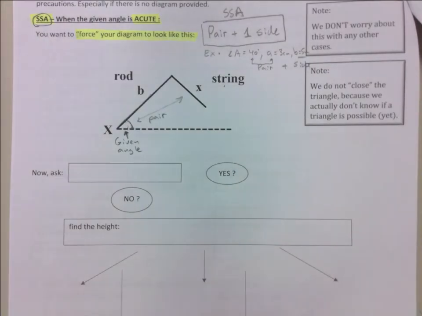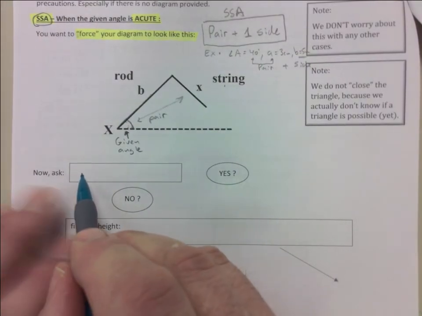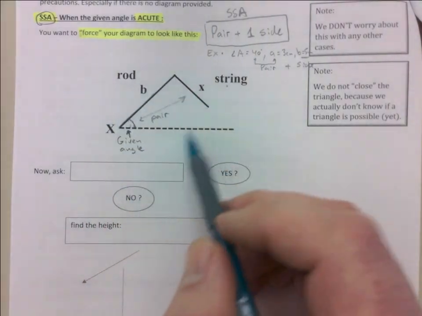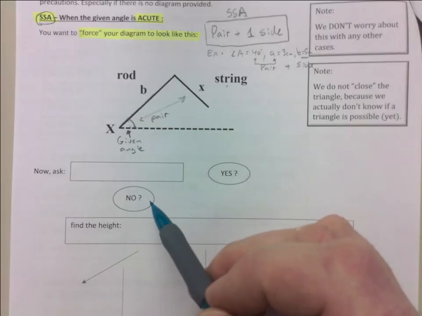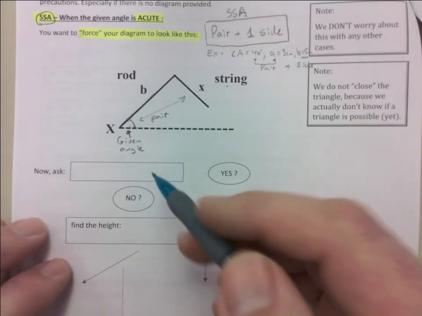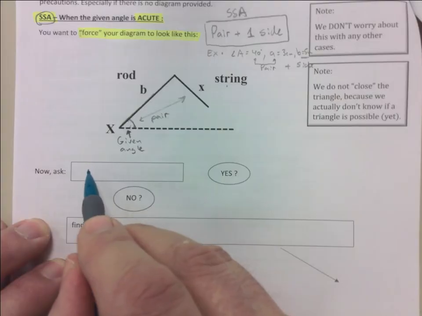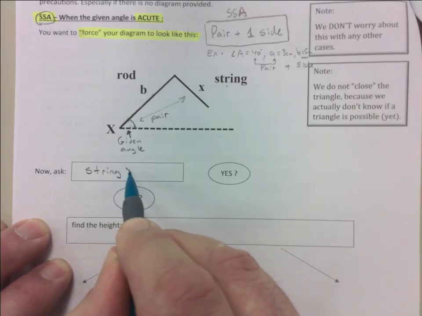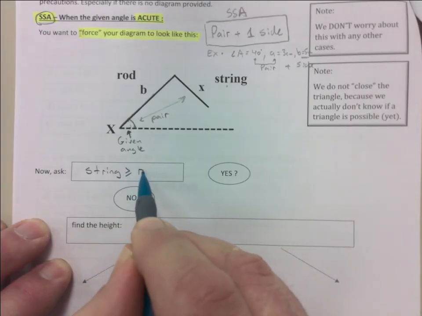So now let's ask, the first question to ask, once you've done your diagram, guys, we're always going to do this little sketch here when we're trying to figure out how many triangles are possible. We're going to ask, is the string greater than or equal to the rod?